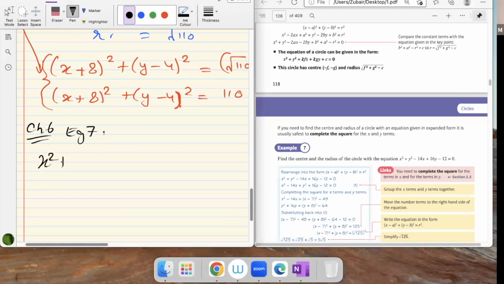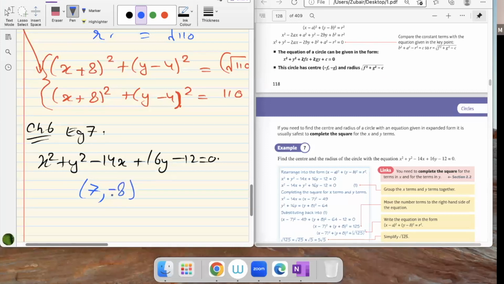It is x squared plus y squared minus 14x plus 16y minus 12 equals 0. So without thinking, I know that the coefficient of x is -14. Half and sign change would be 7. The coefficient of y is positive 16. Half and sign change would be -8. So the coordinates of the center are right here.